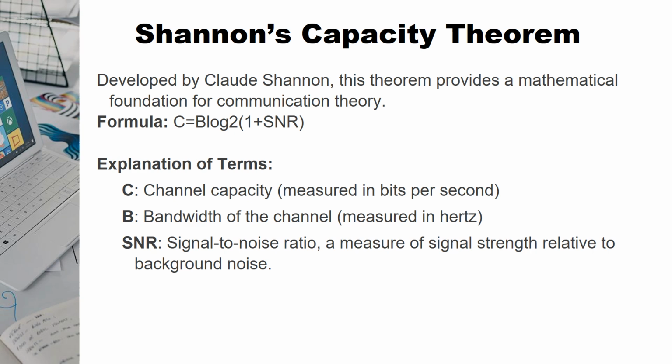The signal to noise ratio is calculated by S over N, S being the average signal power, and N being the average noise power. That's what we call the signal to noise ratio, right? And this theorem also helps us to understand the trade-offs between bandwidth, signal power, and noise in data transmission. All right.